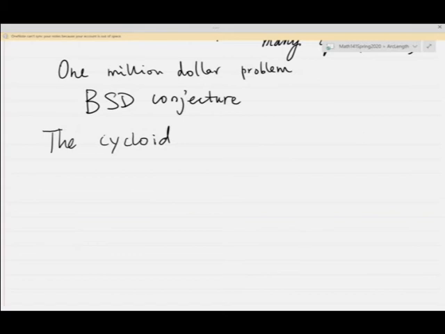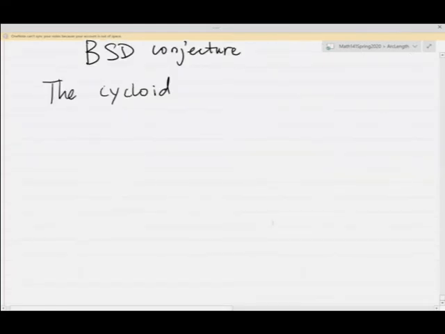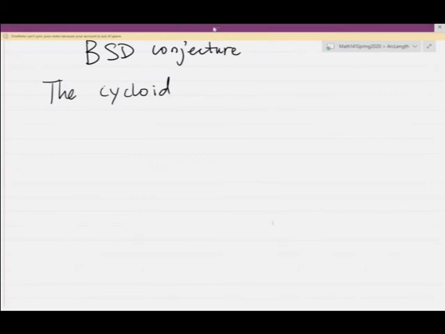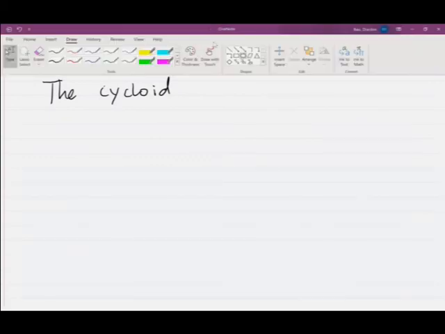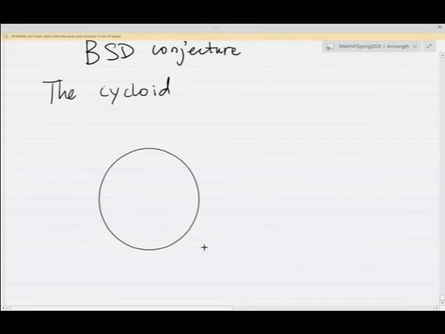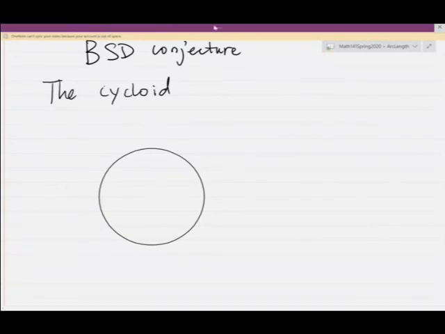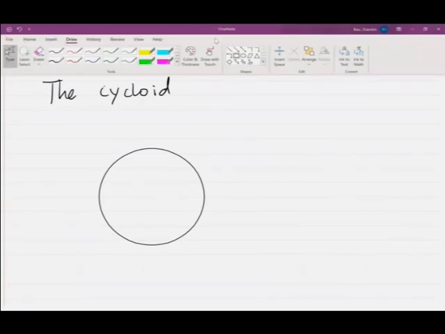A cycloid is a curve obtained in this manner. Suppose we have a circle, and this circle travels on a horizontal line, so it looks like a tire.